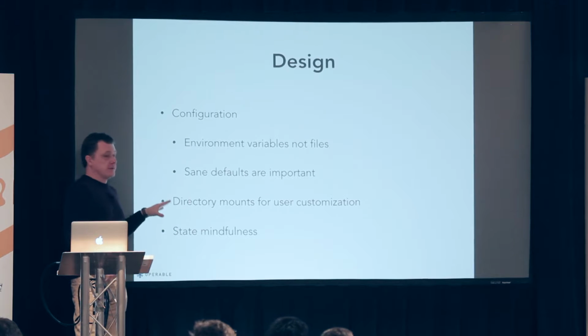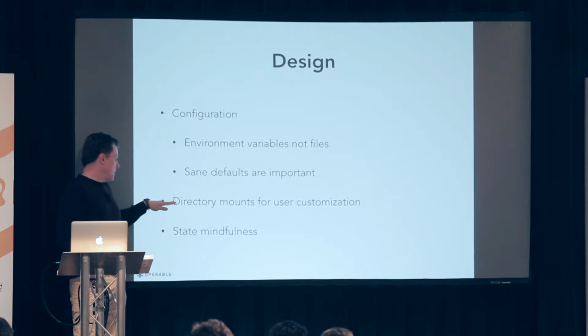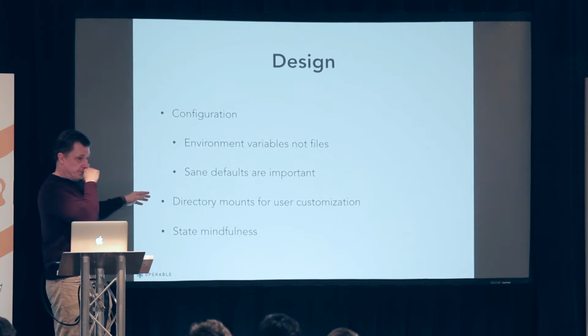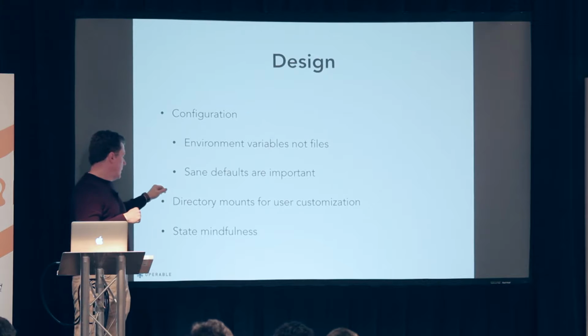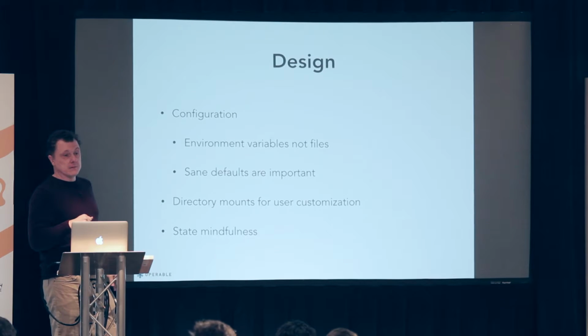All of this has forced us to be very mindful about how and where we manage application state. So with the exception of items like the audit log and the app logs, all of our state really lives in the database.